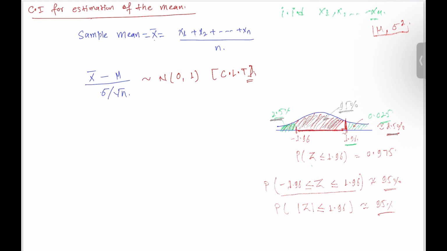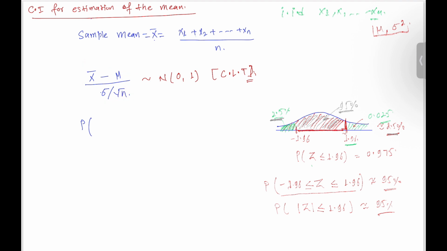Alright, so here we are thinking of this as a standard normal random variable. We can use this fact, that for the standard normal random variable this is the calculation of the 95% probability, and we can write it like this. We are treating this as a standard normal random variable using the central limit theorem. So instead of writing z, we can write this.